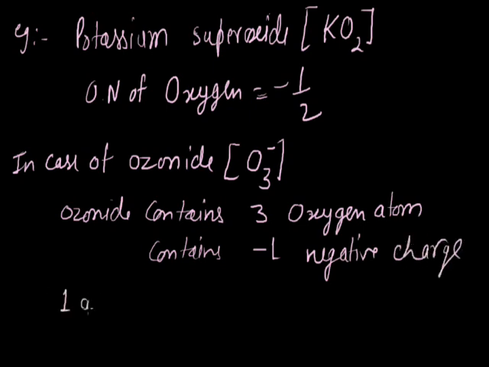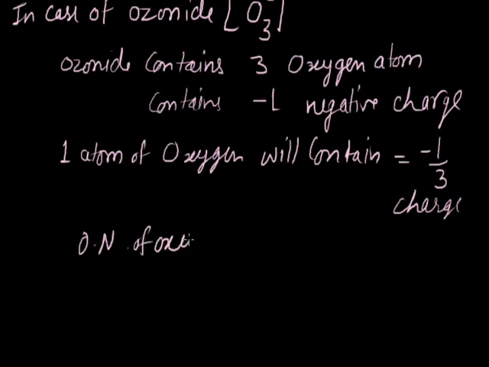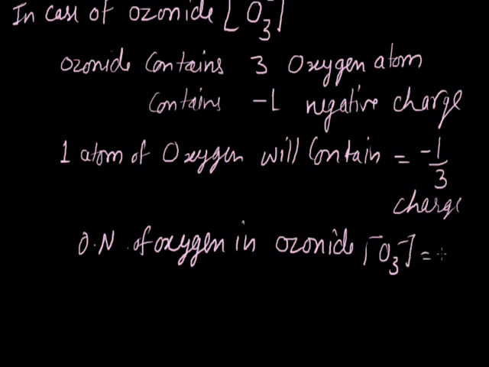So one atom of oxygen will contain -1 upon 3 charge. So we can say that in ozonide each oxygen atom contains -1 by 3 charge. So we can say that the oxidation number of oxygen in ozonide, that is O3 minus, is equal to -1 by 3.